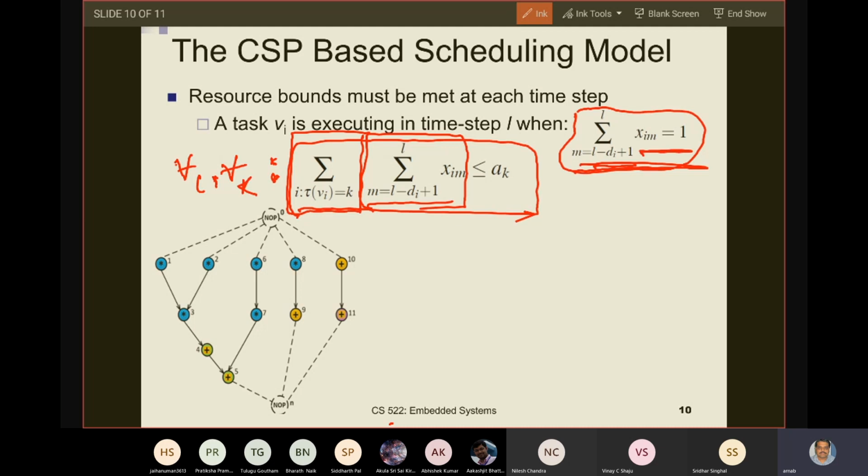So then what is this constraint telling me? This constraint is now telling me that the total number of tasks which can execute on processors of type K, the total number of such tasks executing at time step number L, must be less than or equal to AK.